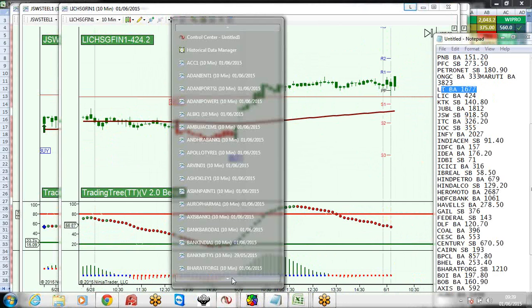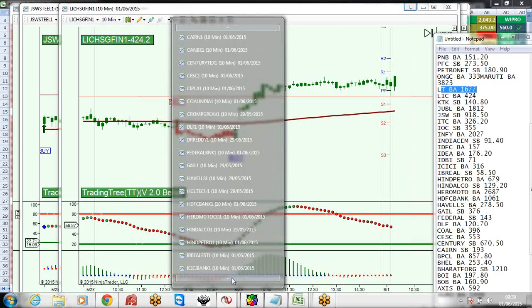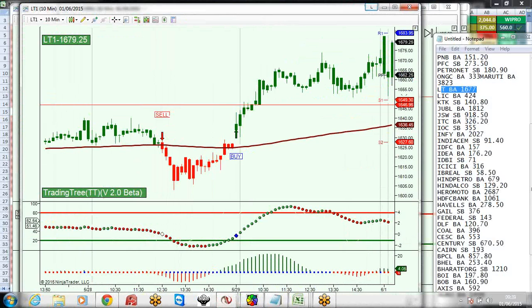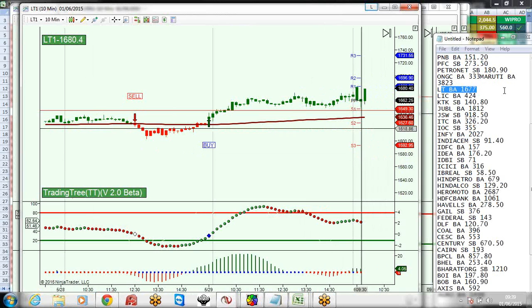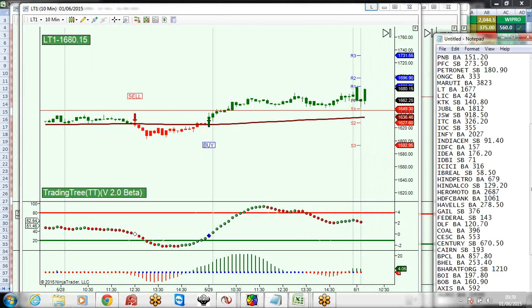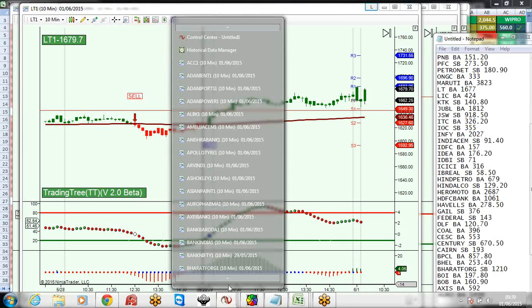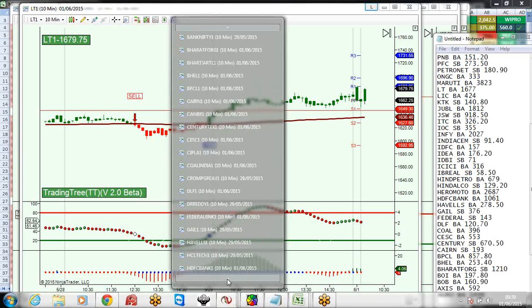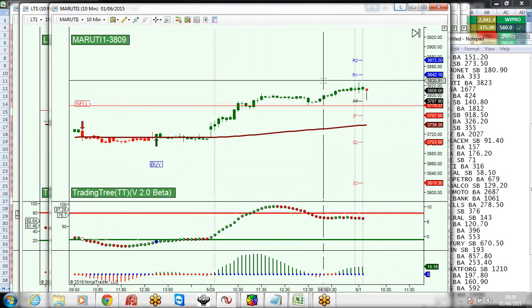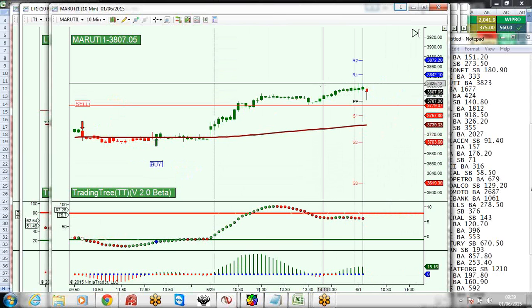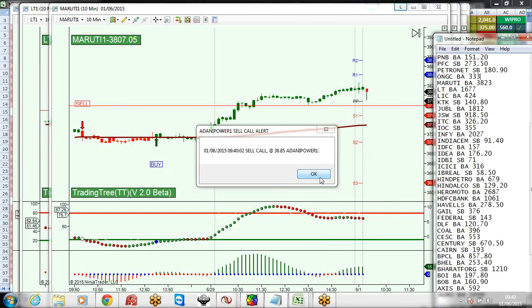MT 1677. Now it is at 1679. So Maruti 3824, 3823. There is a sell call in Adani Enterprises.